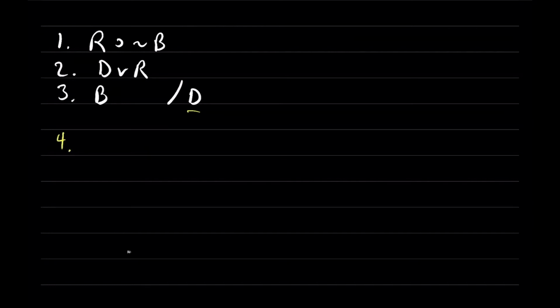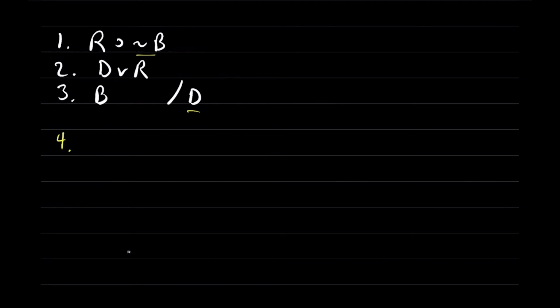So line 1 says, if R, then not B. And we know B is actually true, which is the opposite of not B. But in order to do modus tollens, I think you can see this is starting to look like a modus tollens step. We have R implies not B. We have the opposite of the consequent, but we need the negation of the consequent. If the consequent here is not B, in order to use modus tollens, we need not B. So we're going to introduce a double negation here.